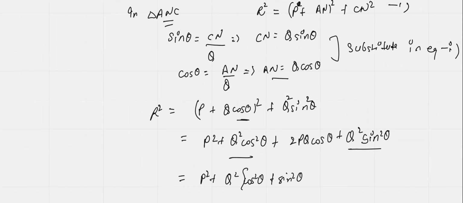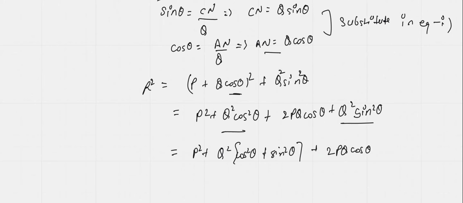This is just a calculation part, so I'm going a bit fast. If you still have doubt, you can write it over there and see. This property is there that cos square theta plus sine square theta is 1. So P square plus Q square plus 2PQ cos theta equals the resultant square.